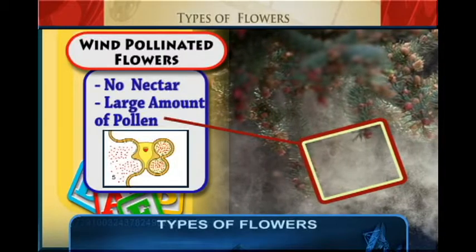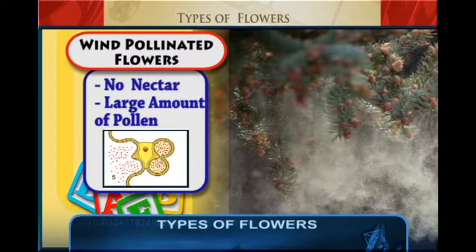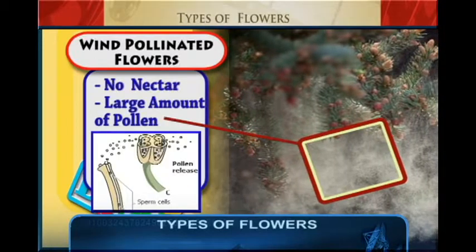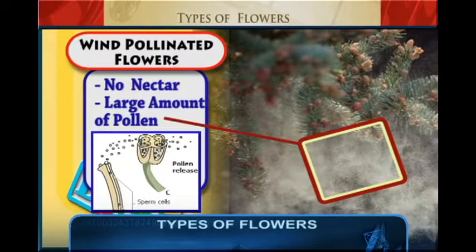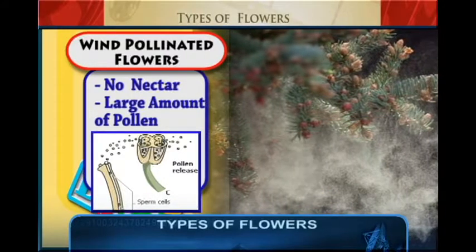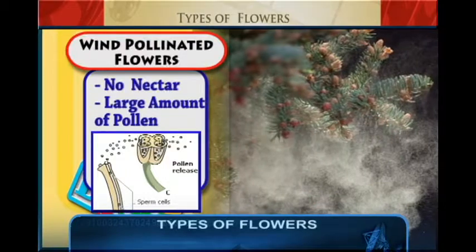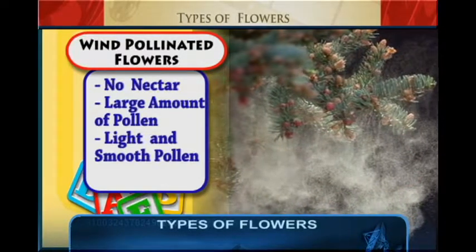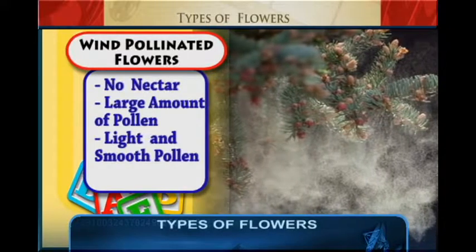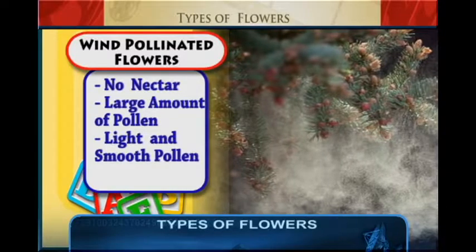The reason is that when the pollen is blown by the wind, at least some of the pollen will land on the stigma. So that's why they produce a large quantity of pollen grains. And they are light and smooth. That is the pollen of the wind pollinated flower.